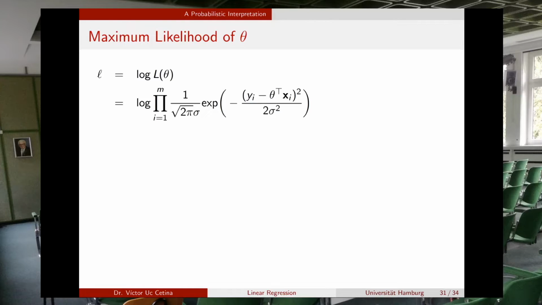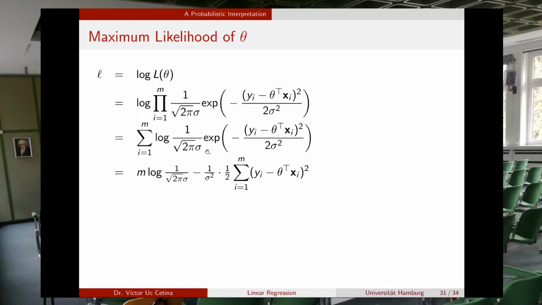So we can transform this product into a sum, and we can say that the sum, for every point up to the example m, is simply the logarithm of the normal function. And this is much better because now we can compute the derivatives for each of the terms in our function.